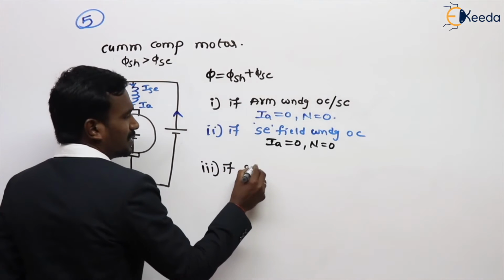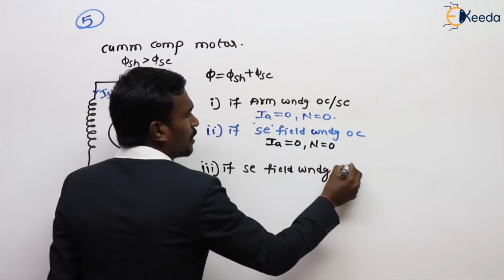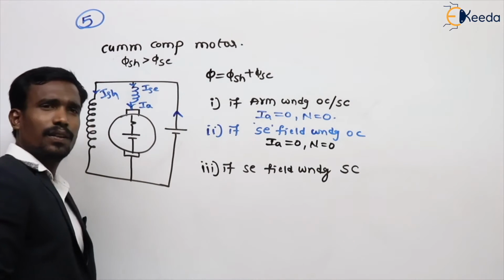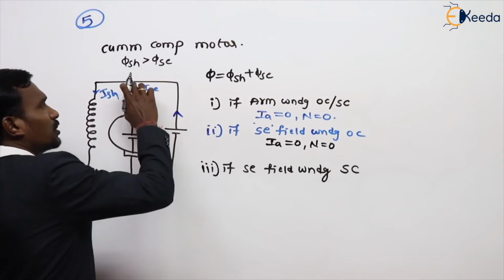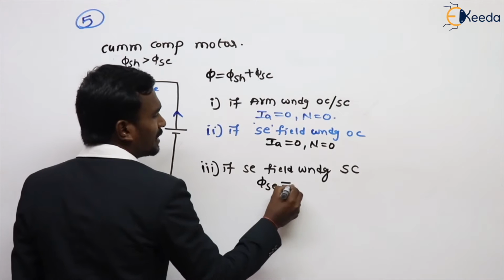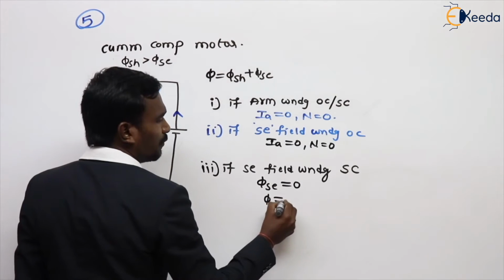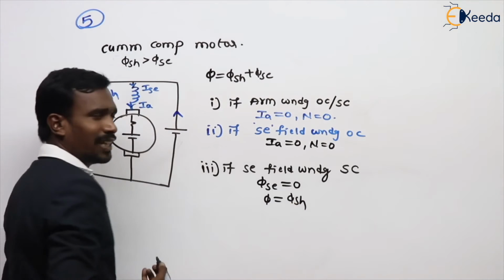If the series field winding is short circuited, then what about phi SE? Phi SE is 0. If phi SE is 0, what is the total flux? Phi is equal to only phi SH.